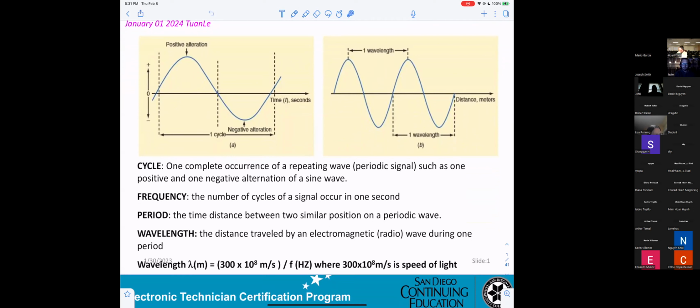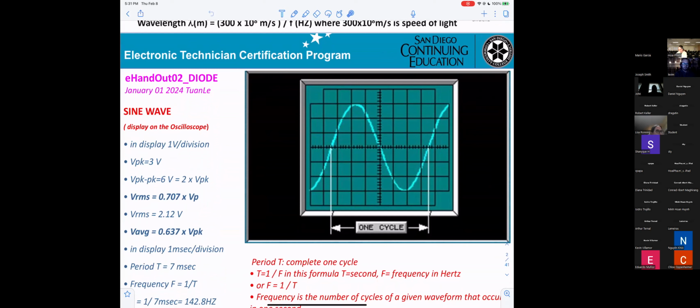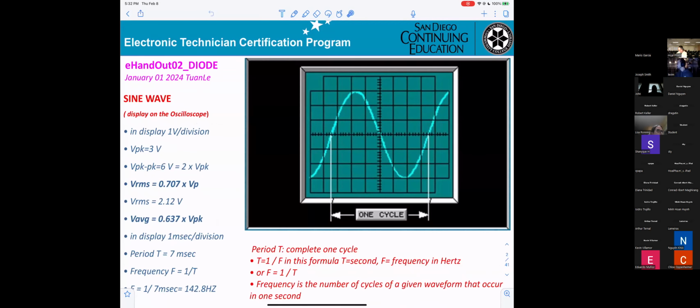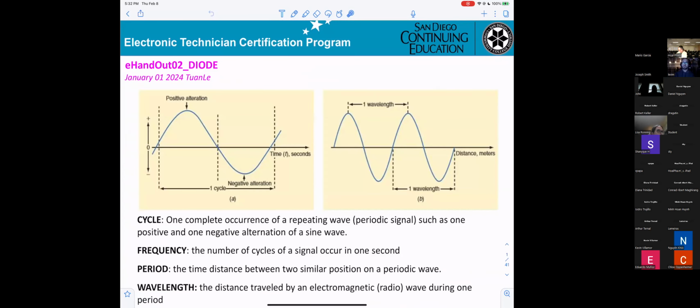Professor, if I'm reading this correctly, one cycle actually contains 2 periods. What do you mean? From here to here is one cycle, one complete period.